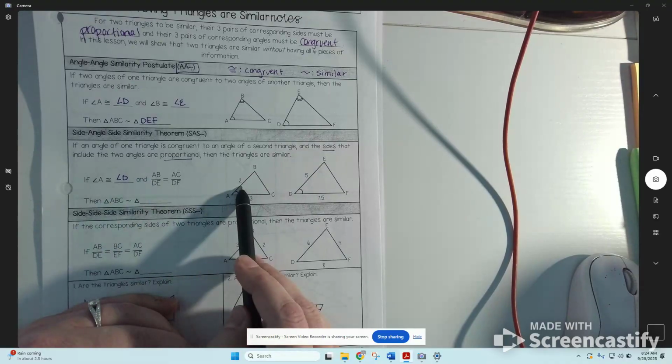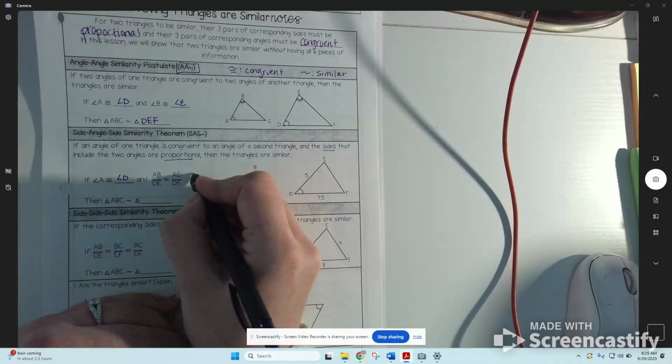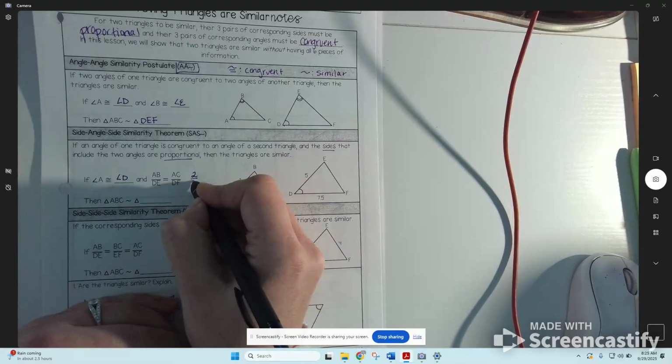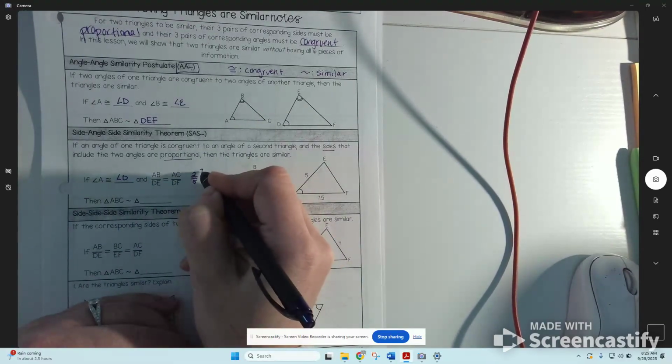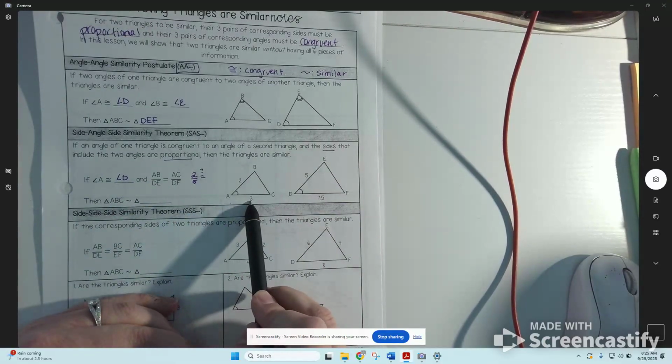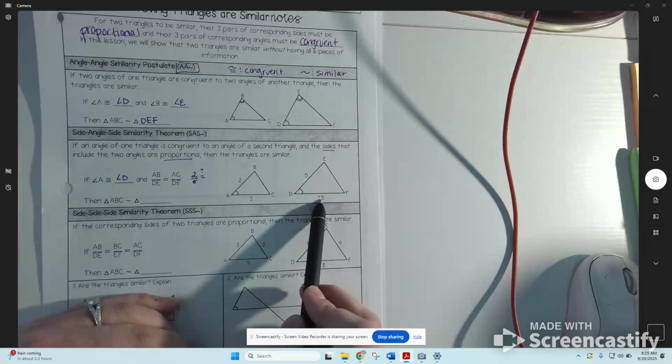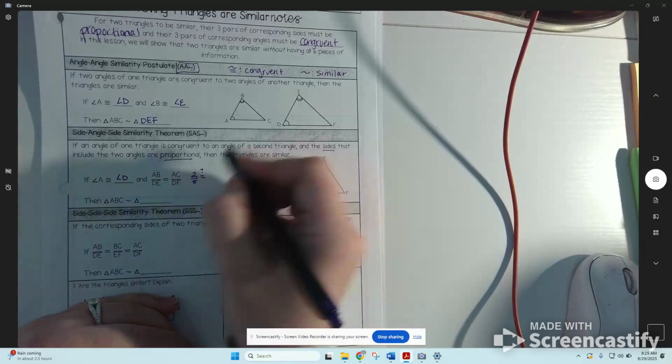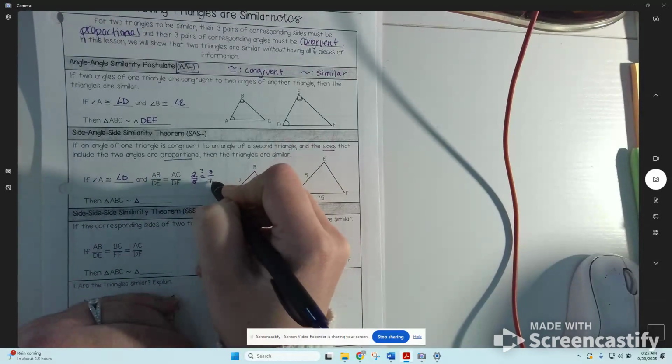Then we need to make sure that we agree with this statement: when I compare AB to DE, I'm going to write those numbers down, AB to DE, and put an equal sign with a question mark over it because we still have to check it. AC, so 3, to DF, the matching sides, which is 3 and 7.5.